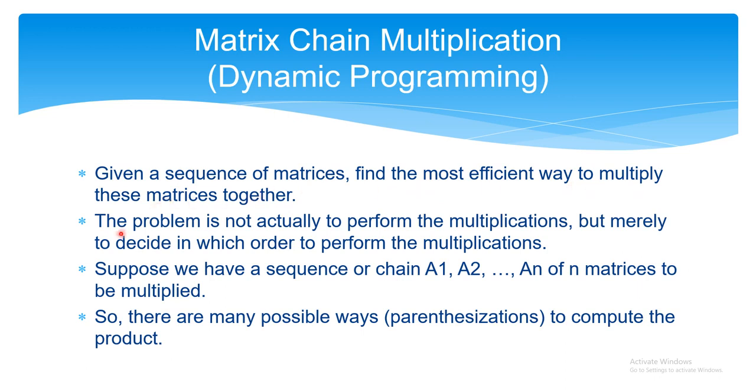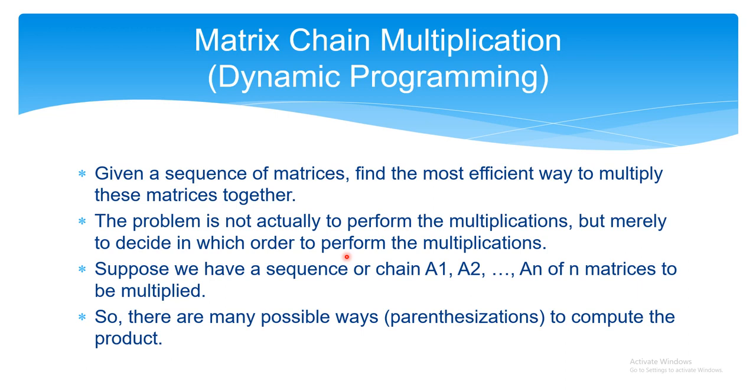The problem is not actually to perform the multiplication, please understand. The problem is to decide in which order I should multiply the matrices so that I have to perform the minimum number of scalar multiplications.